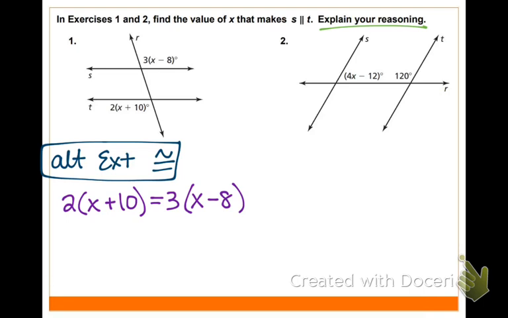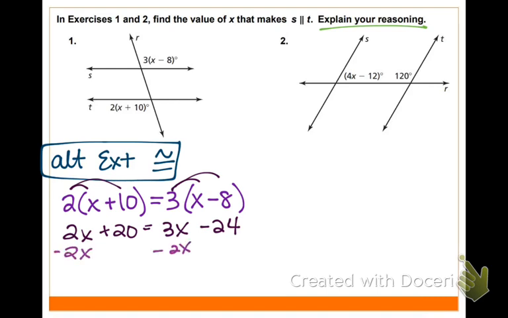All right, so what do we do first to solve? Distribute. So we get 2 times x, 2 times 10, which is 20, equals 3 times x, 3 times negative 8. What is my smallest x? 2x, so I need to move that to the other side. So 20 equals x minus 24.